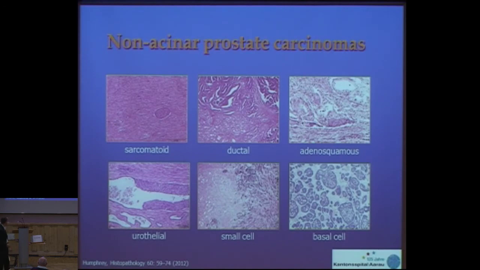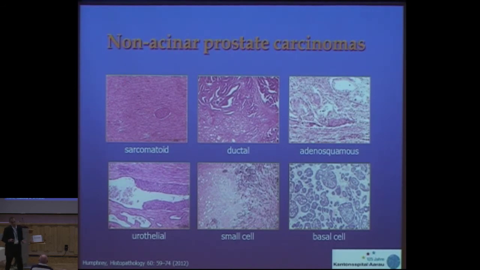Here I give you an impression, probably this one is the one you are most familiar with, the ductal carcinoma, and the urothelial carcinoma, which you might rarely find in your diagnosis. And the sarcomatoid, I will really emphasize, these are two components that are pretty important. As we know from the gynecological cancers, where carcinosarcoma also occurs, mostly the epithelial part is the one that metastasizes, but sometimes it does not.